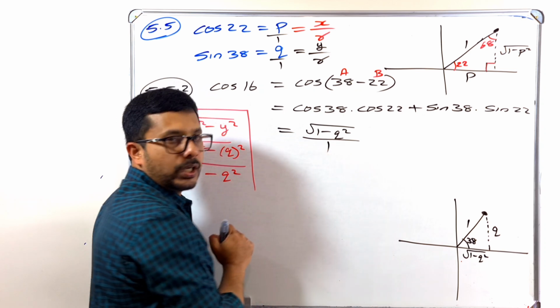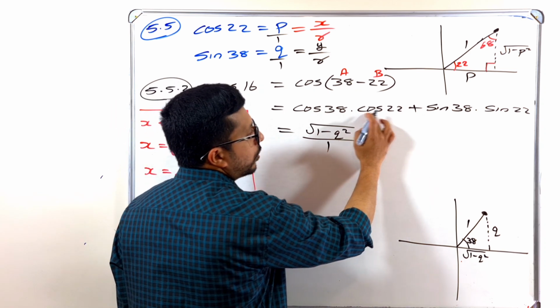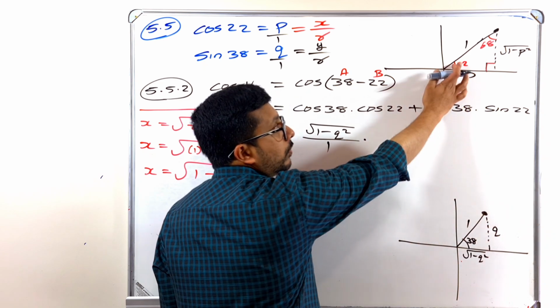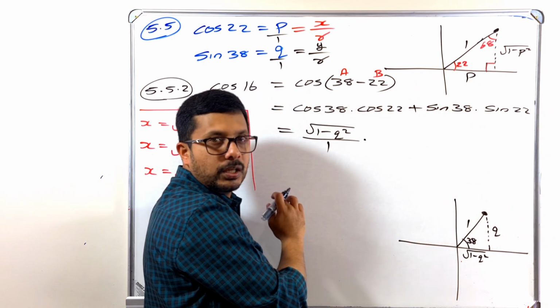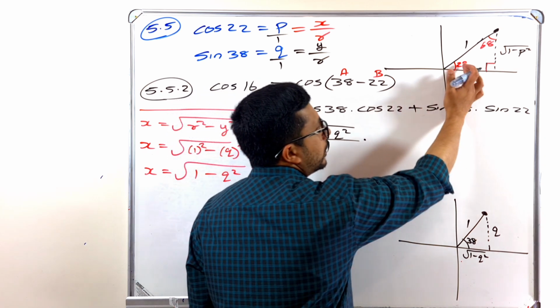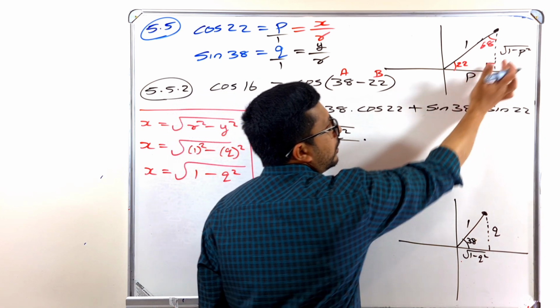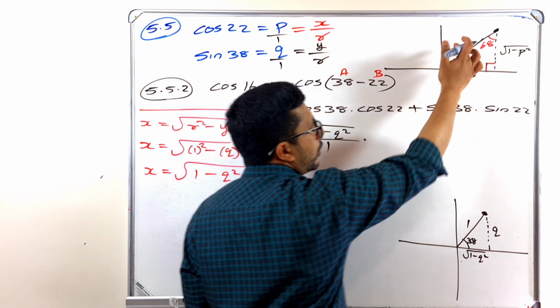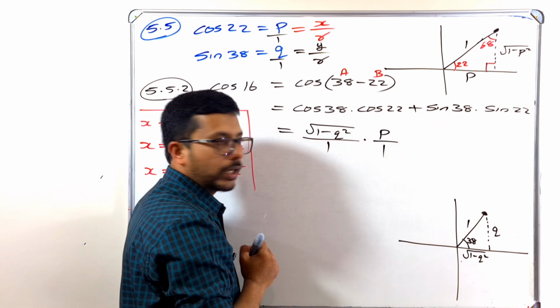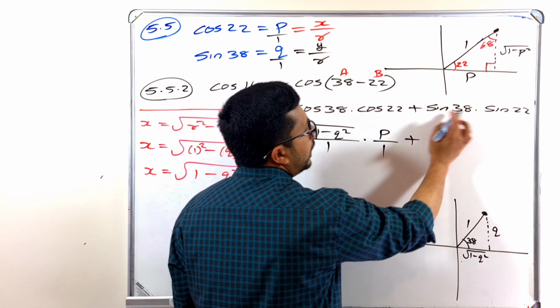It is 1. Times cos 22, not based on this one, based on this, here it is 22. Cos is adjacent by hypotenuse. Adjacent is p, x is p, this is y. So adjacent by hypotenuse, that is p divided by hypotenuse 1.